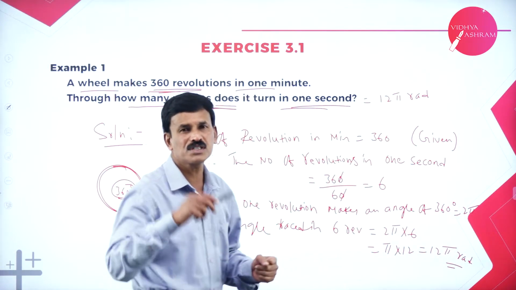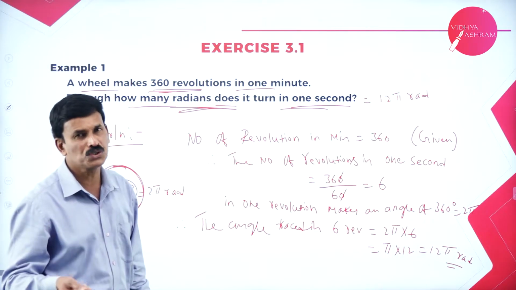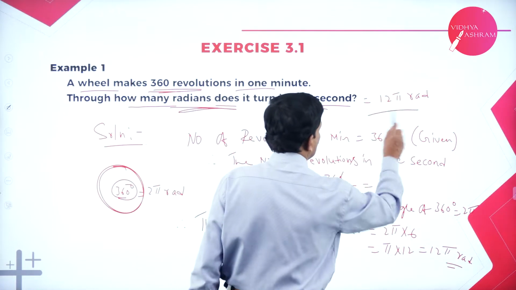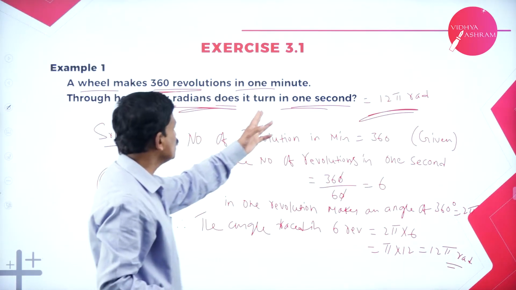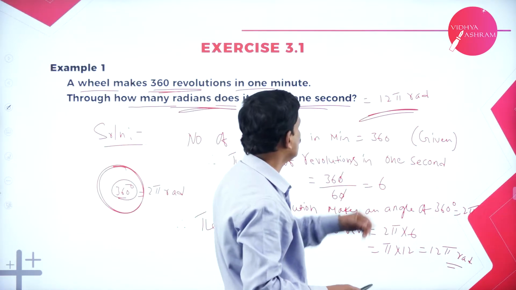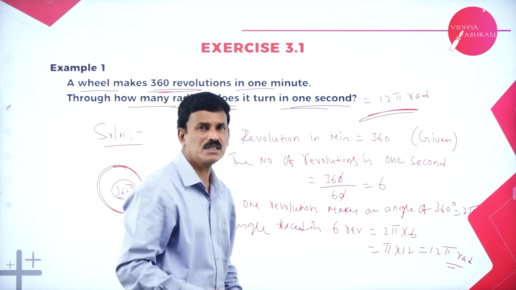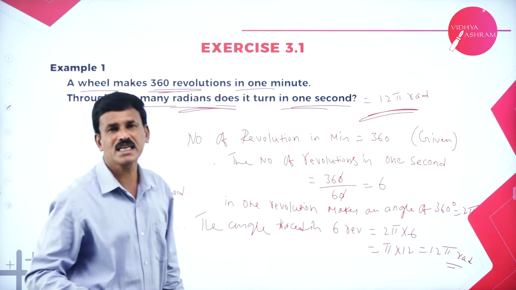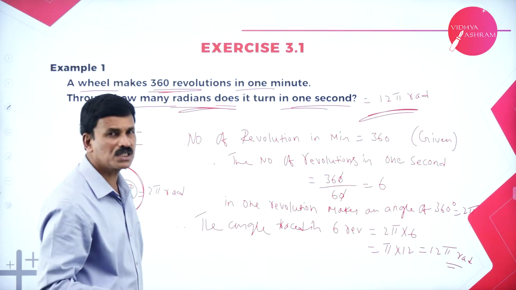So for 6 complete revolutions it will make an angle of 6 into 2 pi, that is 12 pi radians. This is a simple and important problem. Hope you followed. Hence the angle traced in 1 second is 12 pi radians. Now let us come to the next problem.